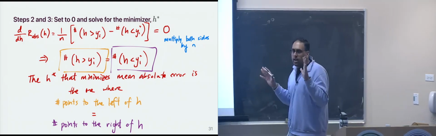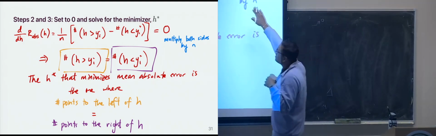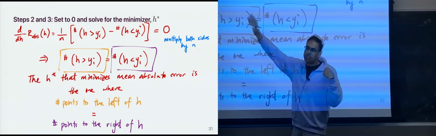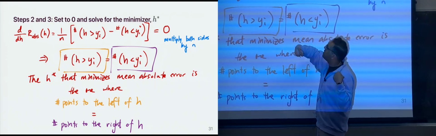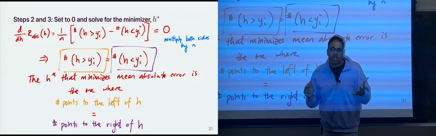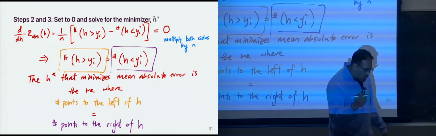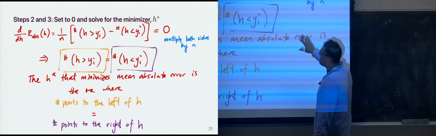Big picture takeaway, a lot of math, but what is the takeaway? We found the derivative of mean absolute error. That was 1 over n times number of points to the left of h minus number of points to the right of h. We set that to 0, rearranged, and the conclusion is that the constant number prediction that minimizes mean absolute error is the one where this statement is true.